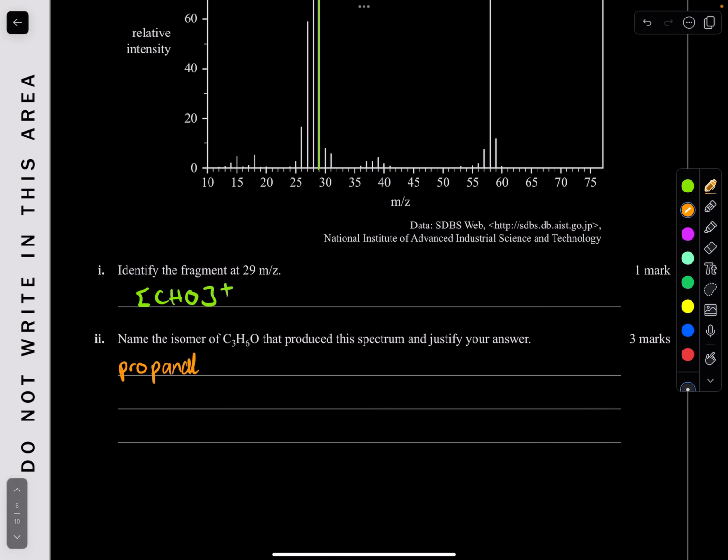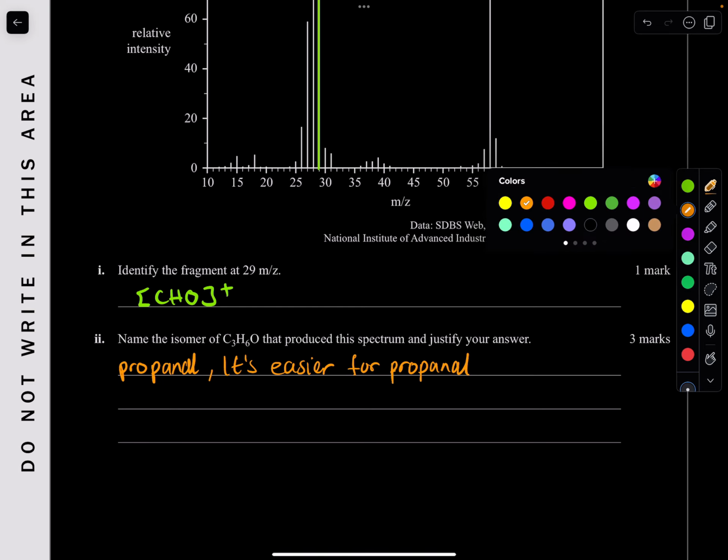So we know straight away that it's much easier to produce. So propanal, it's easier for propanal.